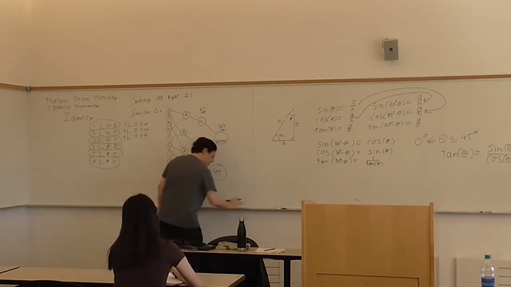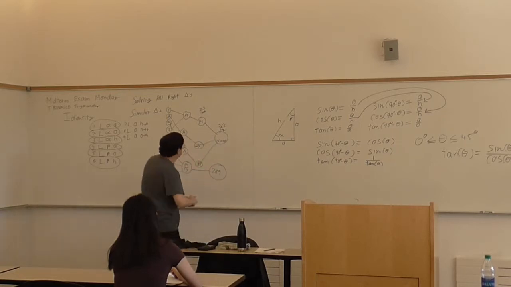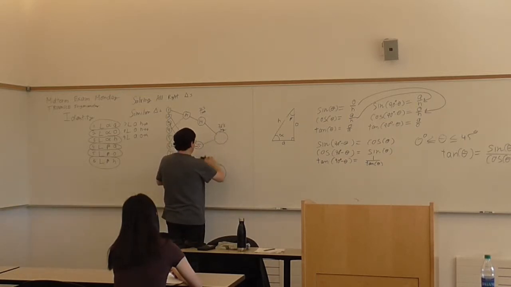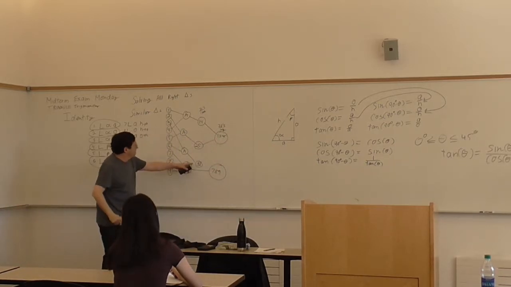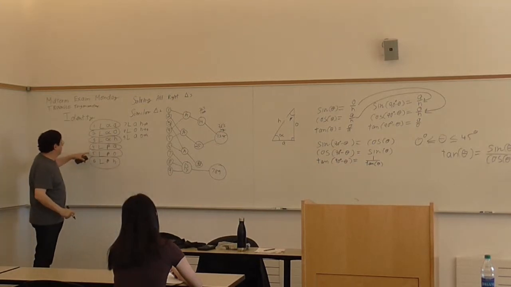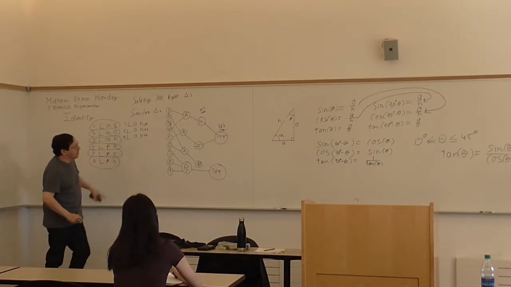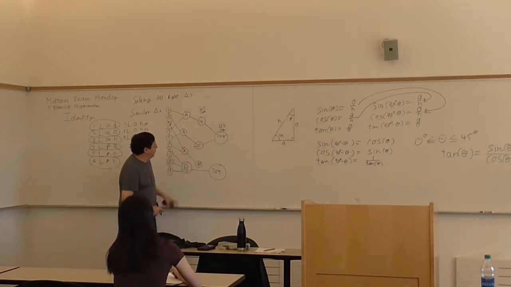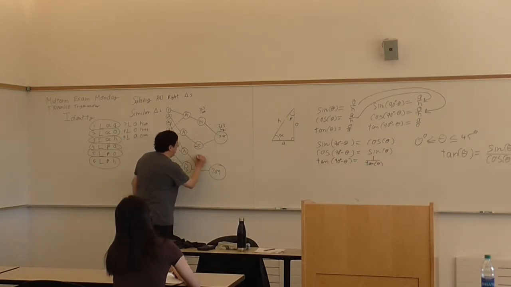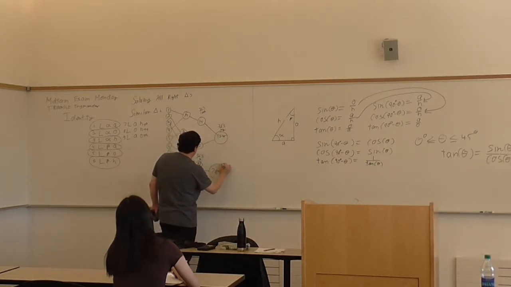No, I'm sorry. We're not there yet. 1, 2, 4, 5. Let's look at 3, 6 for a second. We just have the hypotenuse. Oh, okay. So this is a different case. So here I have 3 angles and the hypotenuse, and here I have 3 sides and a right angle.